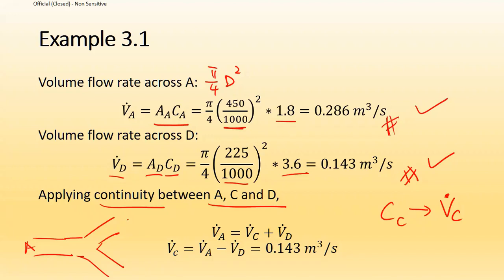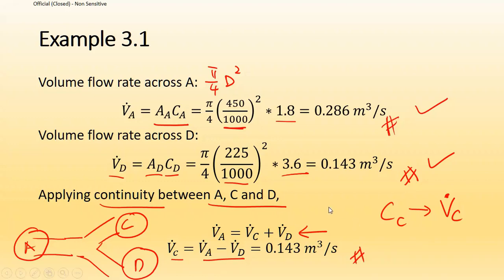So A, C, and D. Continuity basically means that everything must be conserved, meaning whatever enters through A must equal whatever leaves from C and D. So logically speaking, we write V dot A equals V dot C plus V dot D. It's just a common sense equation. If we rearrange, we can find V dot C. So V dot C is basically V dot A minus V dot D. Therefore, this will be our V dot C. Nothing too difficult. Basically, it's just asking you to apply the concept of conservation.